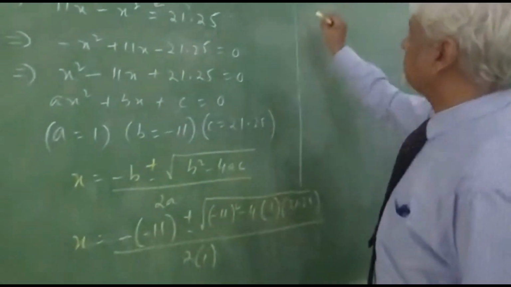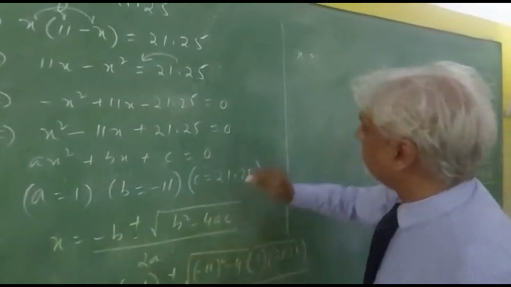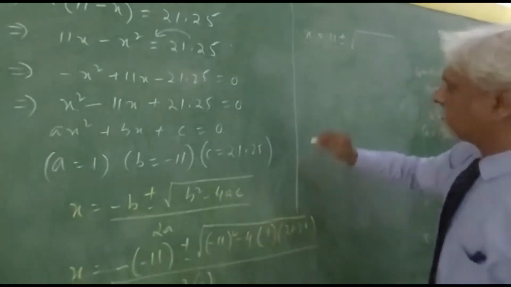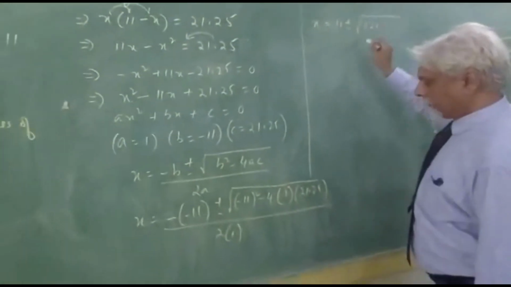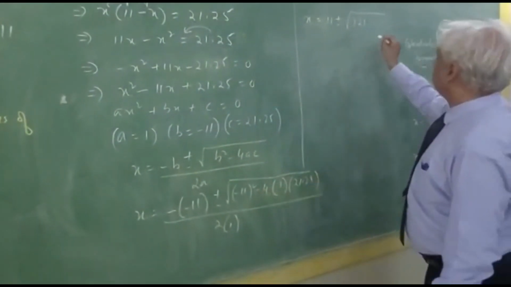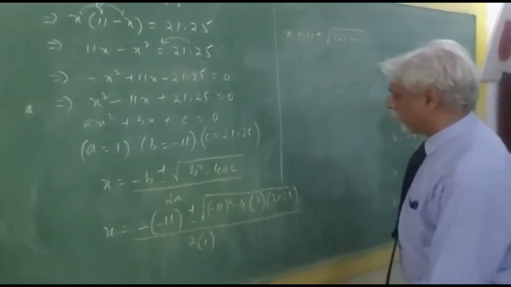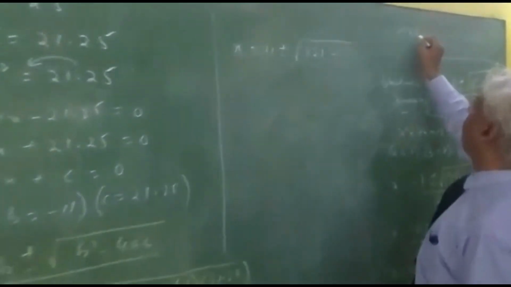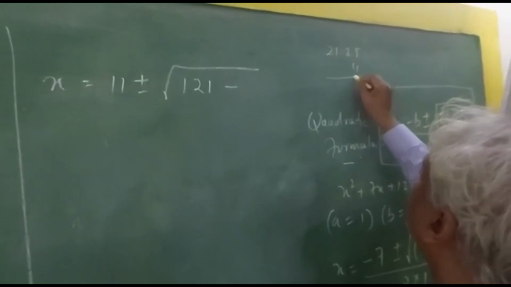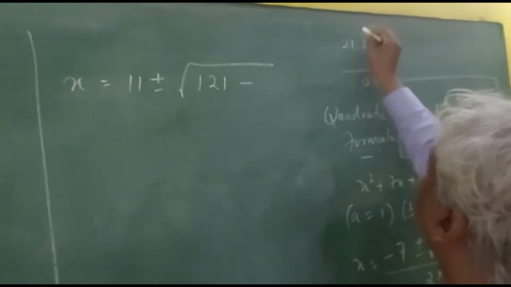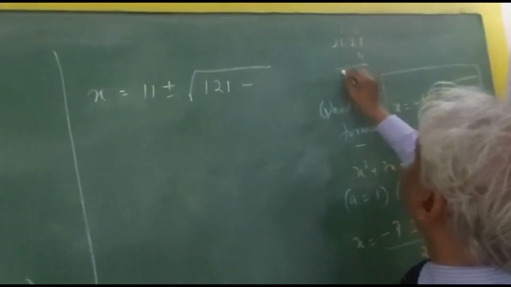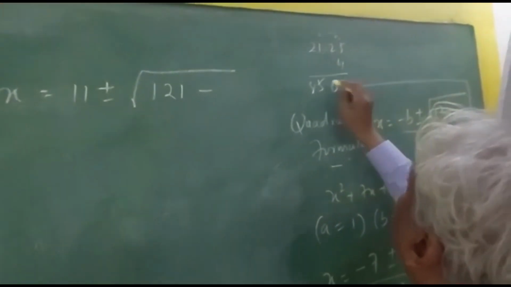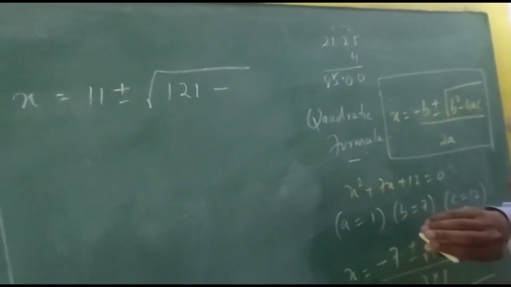So x is equal to minus and minus will give you plus 11, plus minus root of minus 11 the whole square, which gives you 121, minus now 4 multiplied by 21.25. 21.25 times 4, let's see. 4 fives are 20, 4 twos are 8, 8 plus 2 is 10, 4 ones are 4, and 4 plus 1 is 5. So I get 85. Let me just confirm it again.